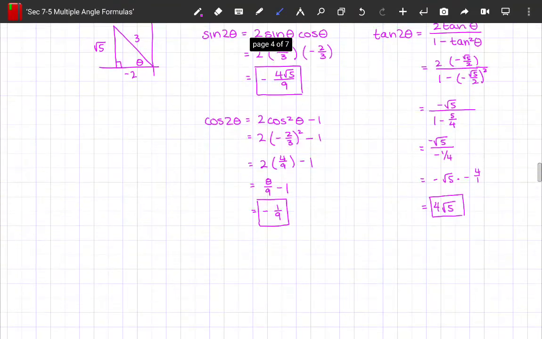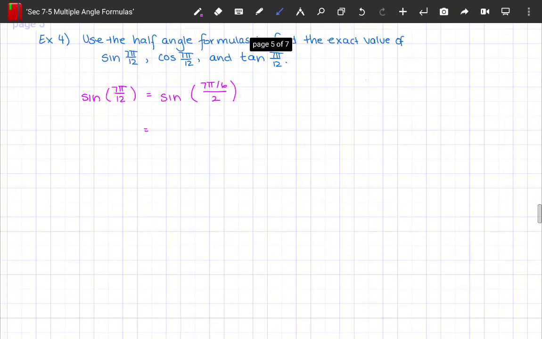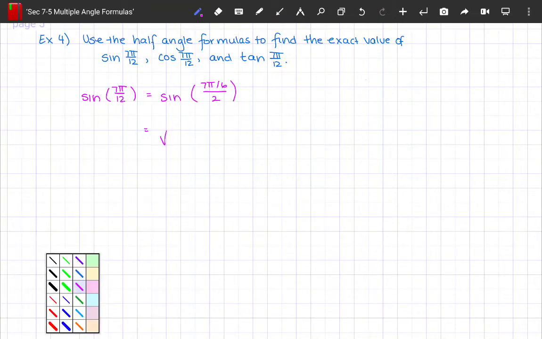Let's see. Okay, here we go. 7 pi over 12. Think about which quadrant that's in. It's going to be in quadrant 2, where sine is positive. So we know we're going to use the positive square root, and the formula says 1 minus cosine u over 2.